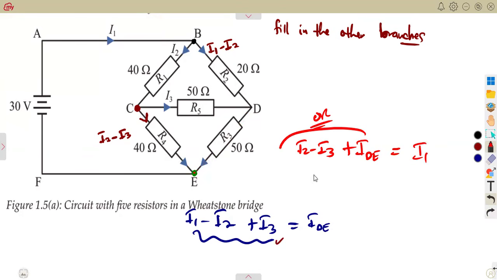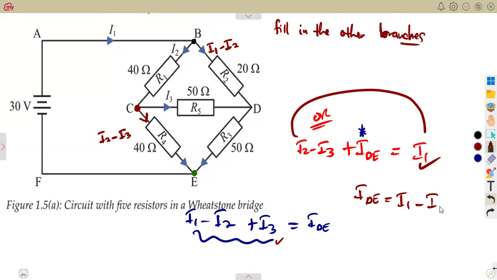So these are the sum of currents in, and these are the sum of currents out. What is it that we want? We want to find this one, so we can make it the subject. IDE is going to be equal to I1. I'm going to take I2 to the other side, it will be a negative.